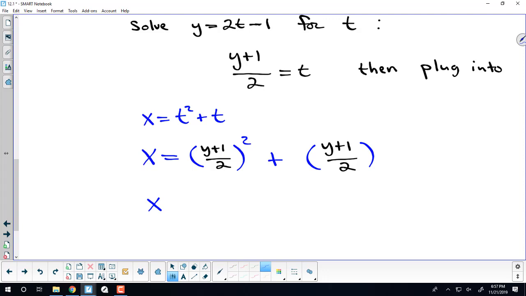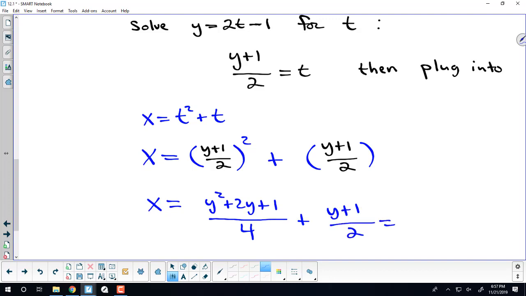All right, so what we have: (y squared plus 2y plus 1) all over 4, plus (y plus 1) all over 2. That's (y squared plus 2y plus 1) over 4, and then our (y plus 1) over 2 is (2y plus 2) all over 4.